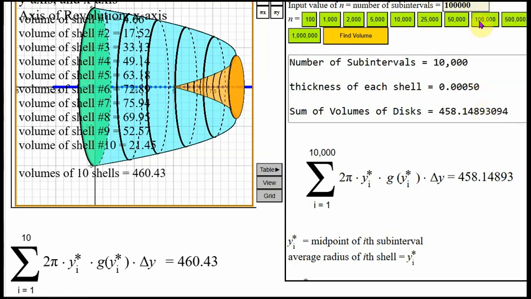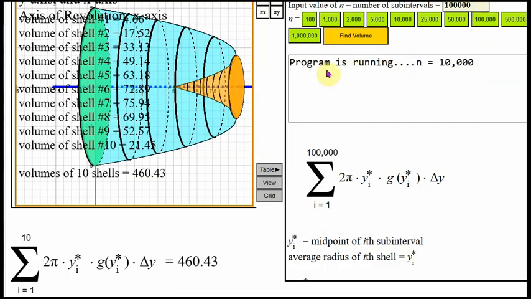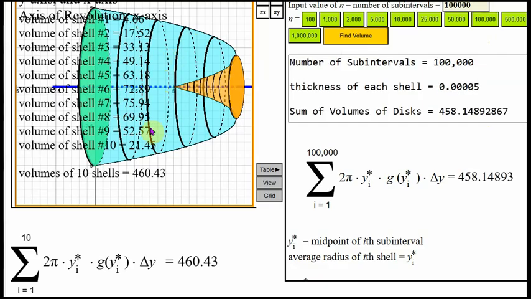And then here's 100,000 shells. So I'm dividing this solid of revolution here into 100,000 shells. Then we get 458.1489.